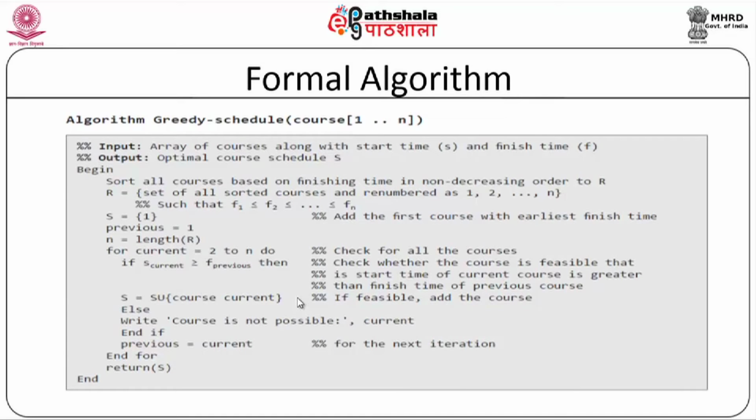So, you can see that we are considering the starting time and finishing time. If the starting time is greater than the finishing time of the previous task, then we are considering that particular course, otherwise that course is not possible. So, when we come out of this loop, we have a schedule that we can call the optimal schedule.